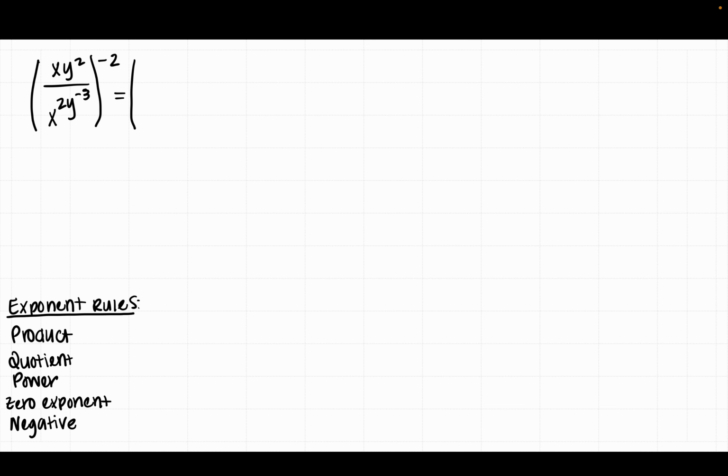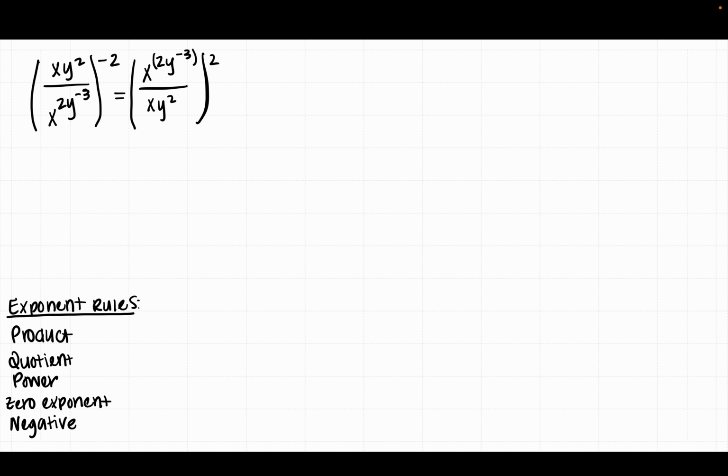So that becomes x raised to the 2y to the negative 3, this is all one thing, divided by x y squared, all raised to the positive 2.